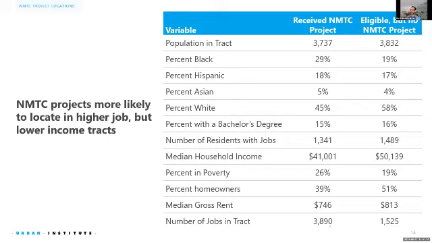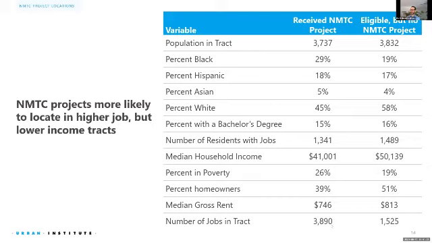The big difference that I want to highlight though is the number of jobs in the census tract. So these people could be living anywhere but working. These are locations of workers, these are not resident characteristics. You see a really big difference here.